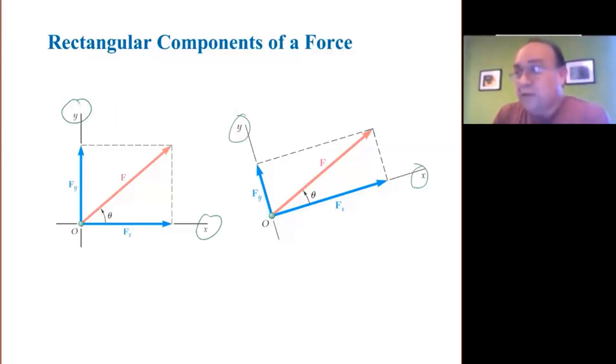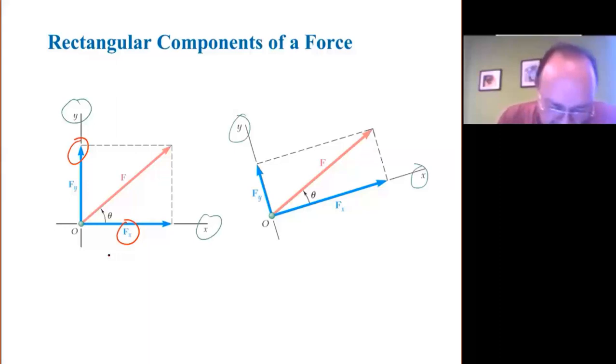So remember what we said about components in the previous class. The two components of a vector are two vectors that, if you add them together, you get as a result the original vector. In this case, the components Fy and Fx are two vectors that, if you add them together, you get the original F. It's kind of like doing the parallelogram method for the summation.